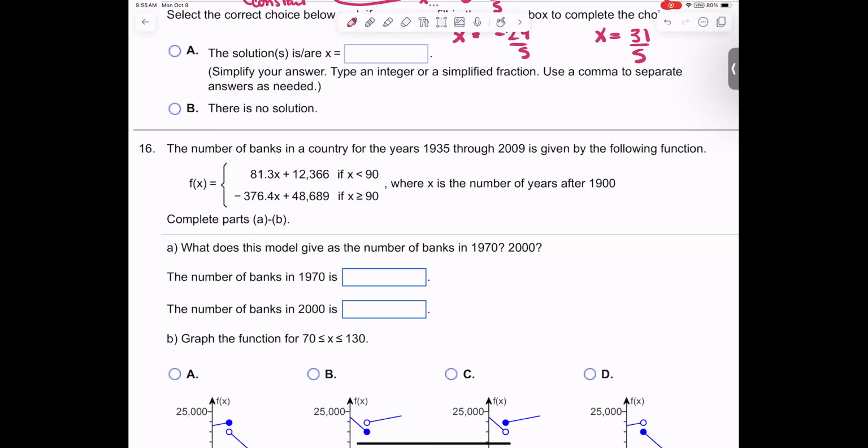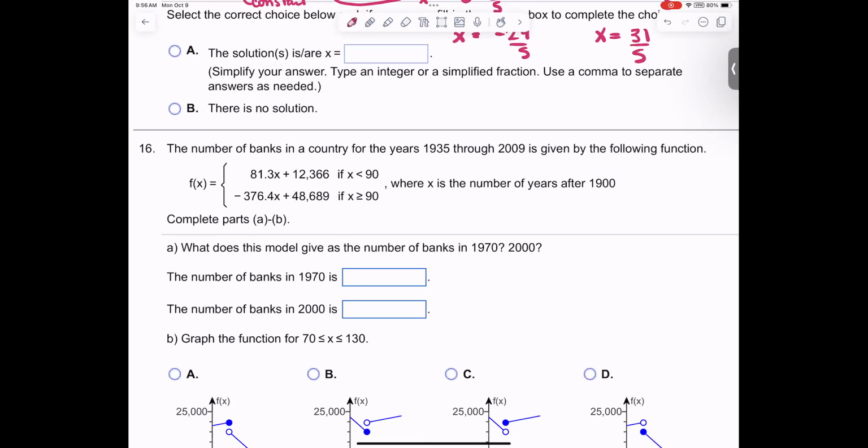It's equal to -376.4x plus 48,689 if x is greater than or equal to 90. So if you're below 1990, you're going to use the first part of this function to evaluate the function. If you're after the year 1990, including 1990, you use the second equation.